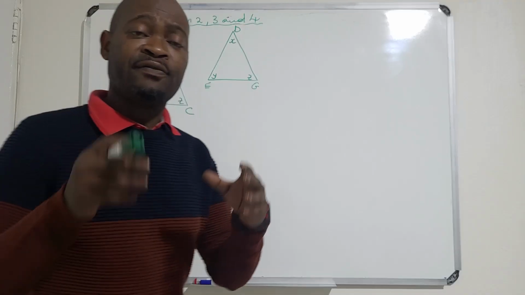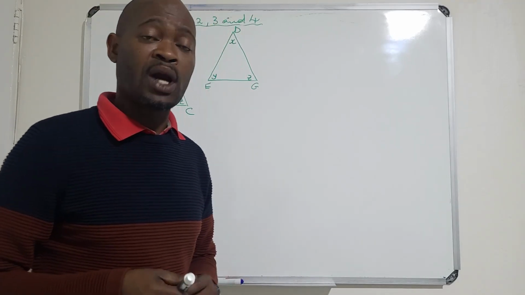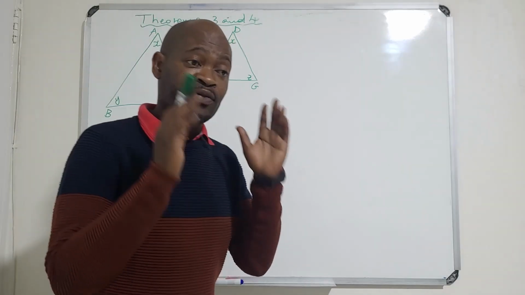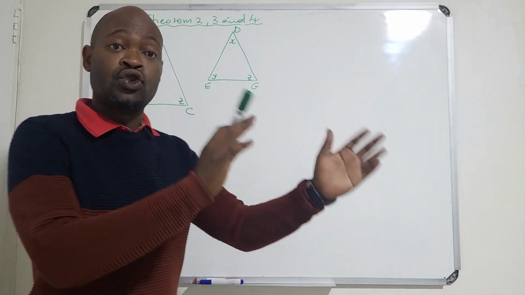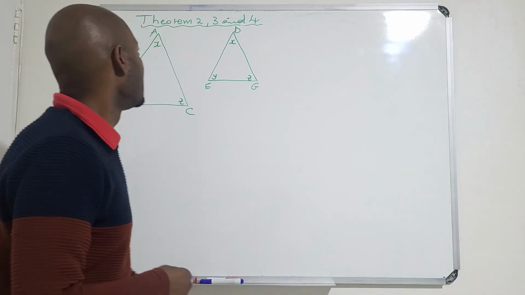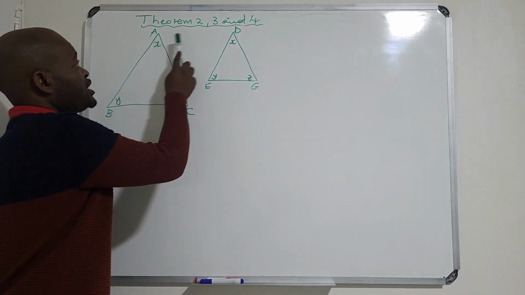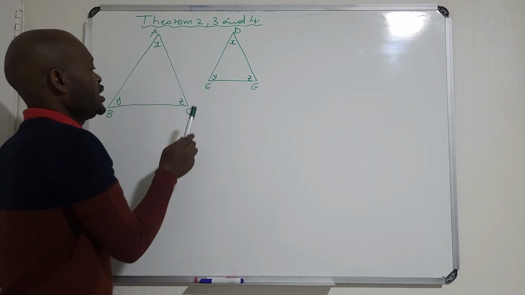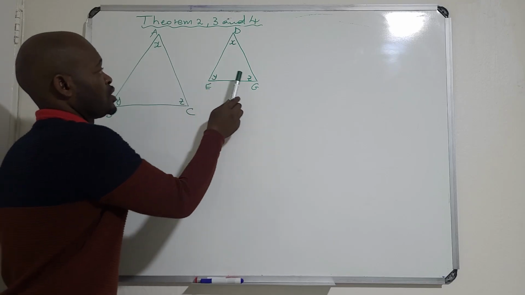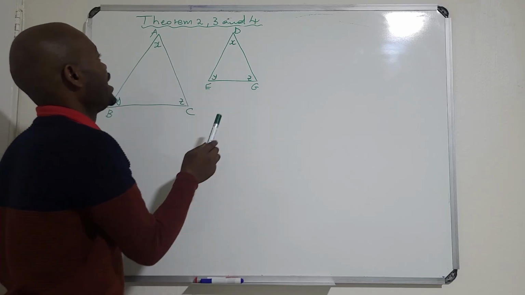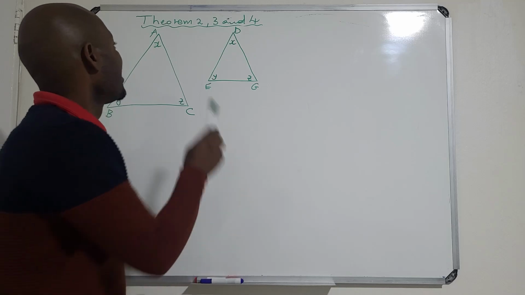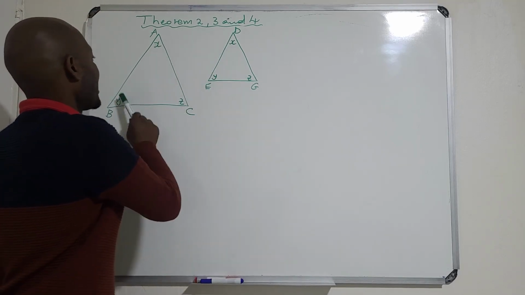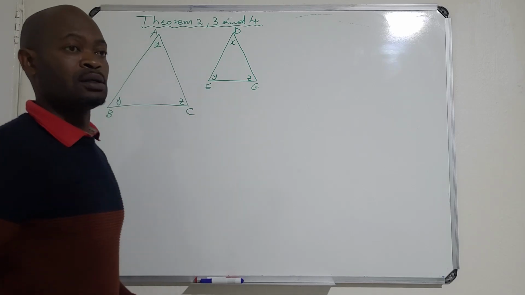It says if two triangles are equiangular, by equiangular we mean that the corresponding angles of two triangles are equal. For example, if angle A is equal to angle D, if angle B is equal to angle E, and if angle C is equal to angle G. This means that the two triangles are equiangular because the corresponding angles are equal.